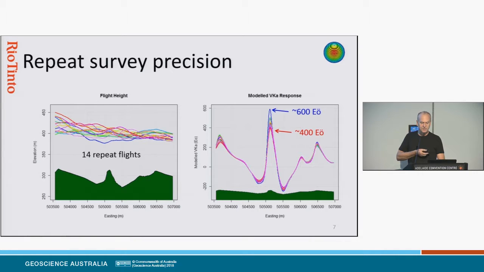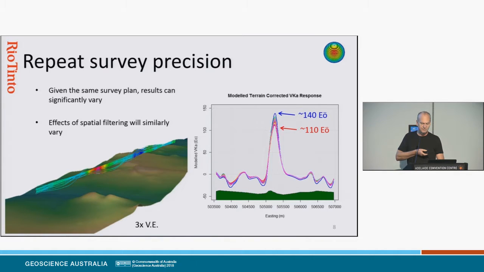In the model VK1 response, VKA response, you can see the peak amplitude over that topographic high is something between 400 and 600 Eotvos. So you can see that the terrain has a large effect, and also the variation of the flying height has a very large effect as well. These are not insignificant values that we need to take account of.